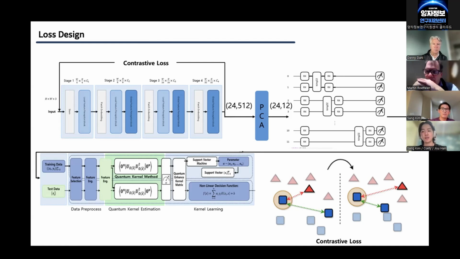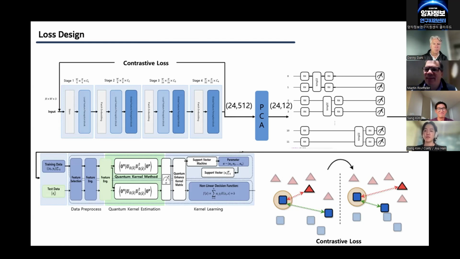If I give some more context, they use a vision transformer, so all this RGB information is taken care of by this pre-trained vision transformer. The vision transformer outputs 512-dimensional embedding vectors. They use a PCA to do the dimension reduction from 512 down to 12. Then they use angle encoding to load this information into the following quantum layer.